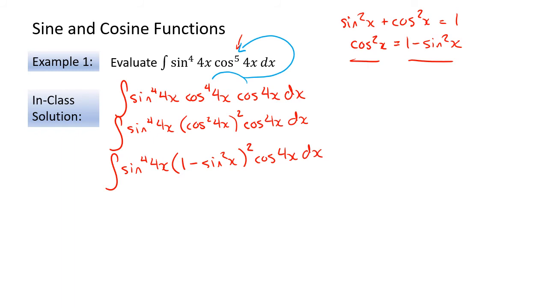Now, in order to expand this out, I'm going to have to use FOIL. Because what that actually is, is 1 minus sine squared of x times 1 minus sine squared of x. What I missed here is, remember, this was 4x, so this actually should have been 4x, meaning that these were sine squared of 4x and sine squared of 4x.